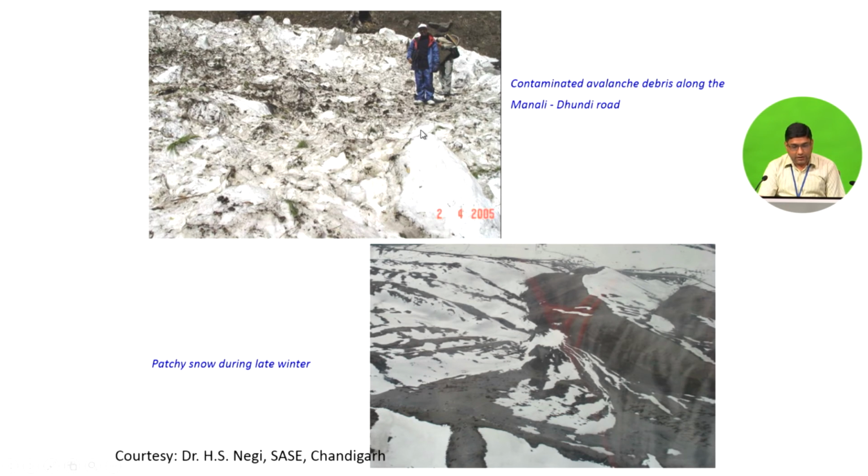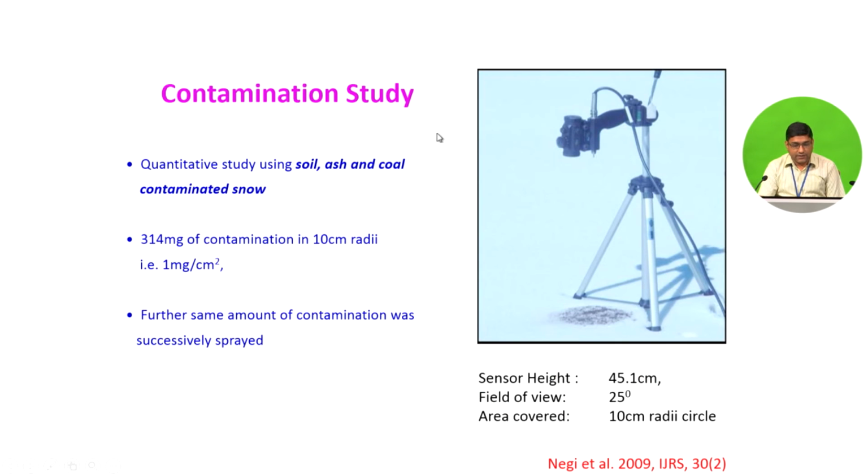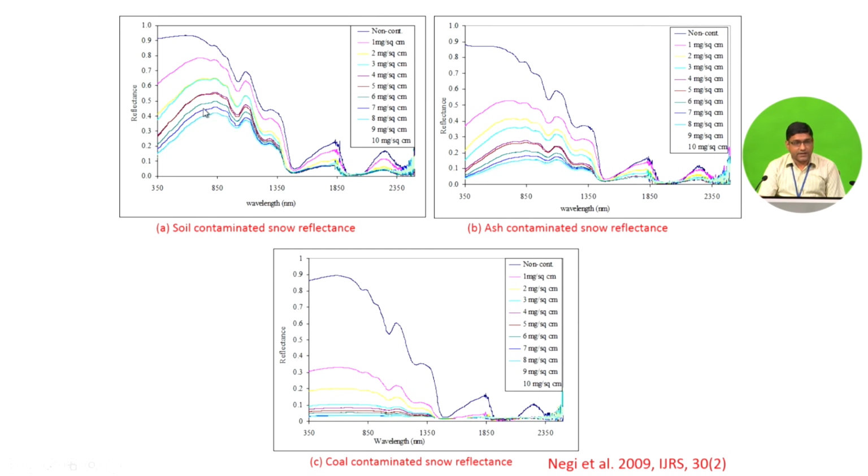We will not always get fresh snow or clean snow. Sometimes it may be contaminated. So we can do field measurements using the field spectroradiometer with varying soil, ash and coal contamination, and we can generate the field spectral library of snow reflectance with soil contamination, ash contamination, and coal contamination.